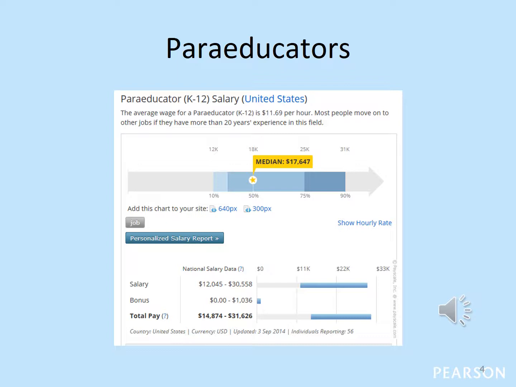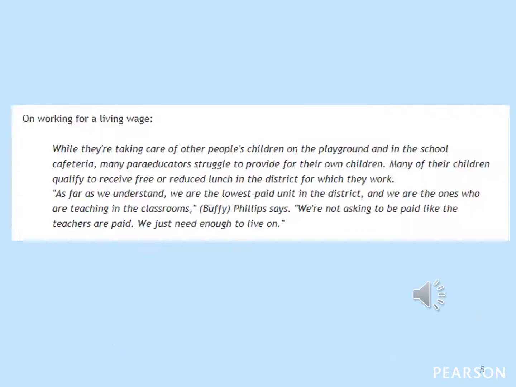While some divisions and programs offer bonuses, or perhaps incentives for being highly qualified, the wages are oftentimes not enough to meet the cost of living demands. That being said, most paraeducators move on to other jobs if they have more than 20 years in this field. The visual on this chart provides more details regarding wages for paraeducators in the United States.